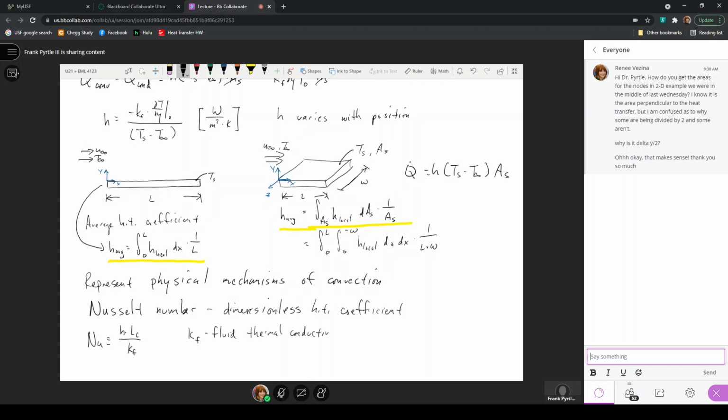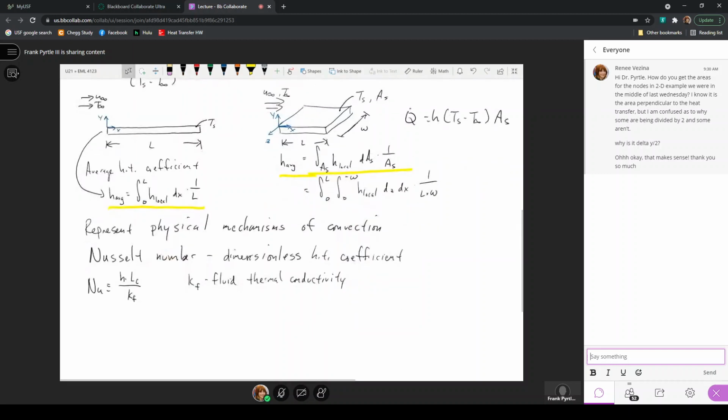And the reason the thermal conductivity of the fluid is used in the definition of the Nusselt number is that when we consider a fluid flowing over a plate, there will be a thermal boundary layer that will grow, and we'll call this delta sub T. And in this thermal boundary layer is actually where all the heat transfer occurs.